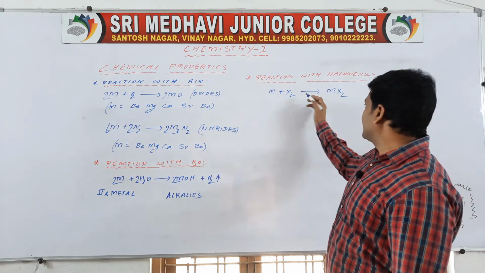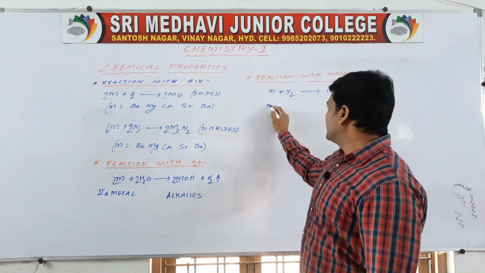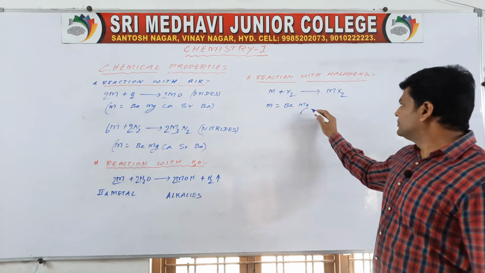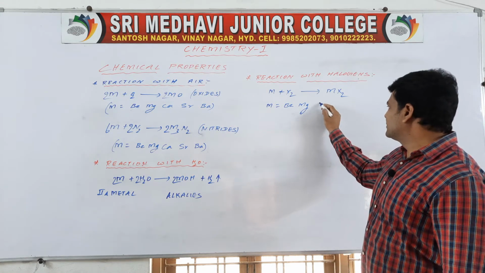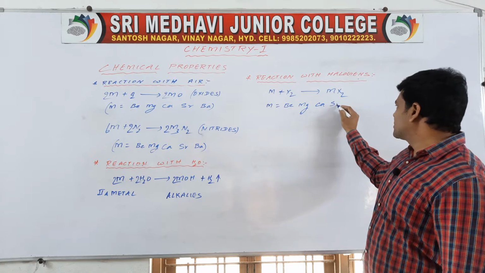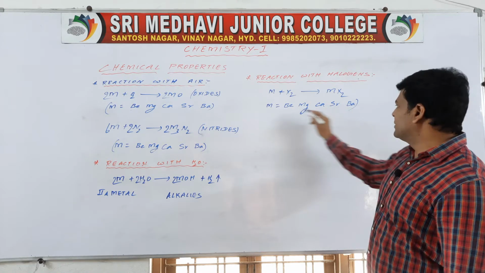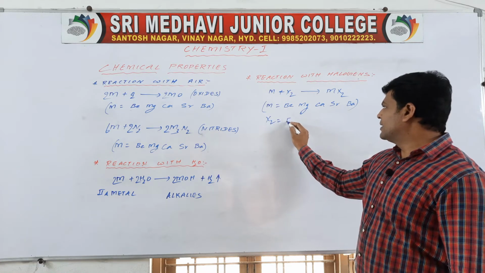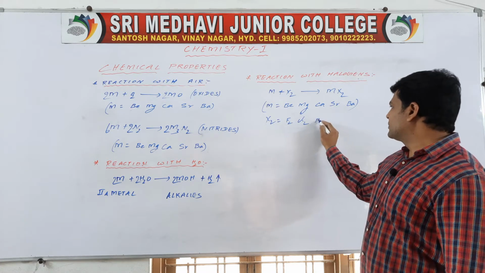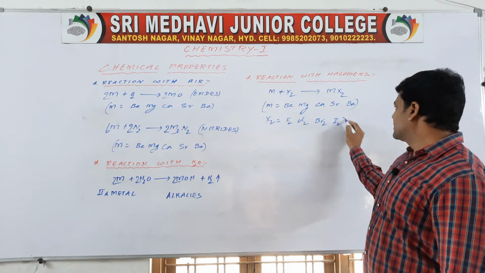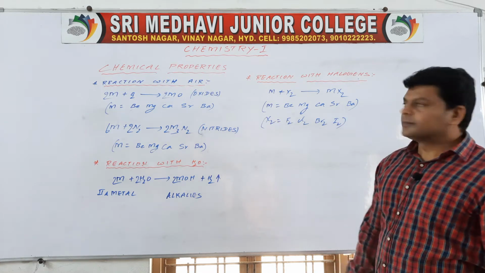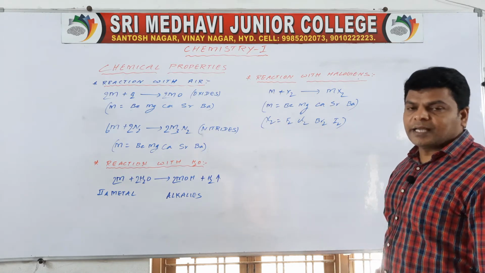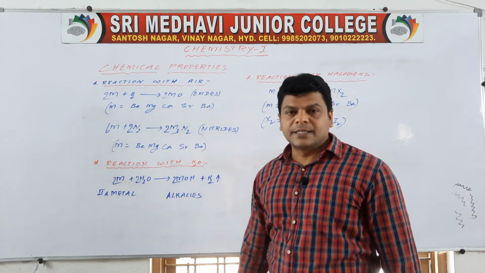If you take M equal to beryllium, magnesium, calcium, strontium, barium and X2 equal to F2, Cl2, Br2, I2. This is the reaction with the halogens. This forms corresponding halides MX2, like CaCl2, BeCl2.